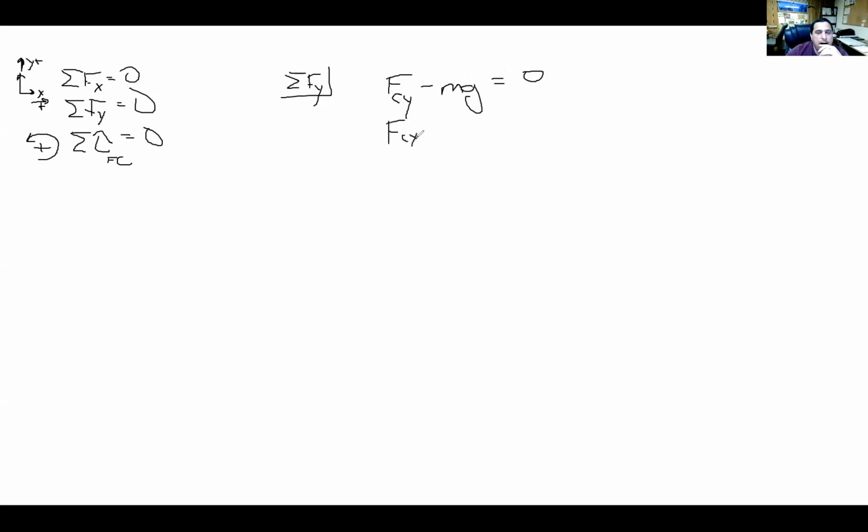So FCY is equal to 12 kilograms times gravity, 9.8 meters per second squared. So FCY is equal to 117.6 newtons.